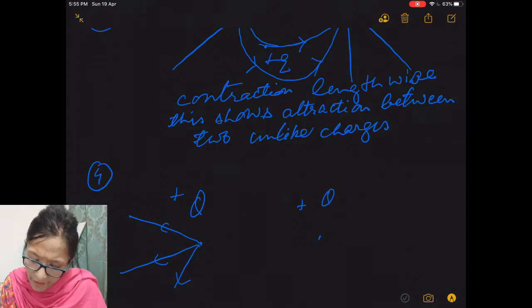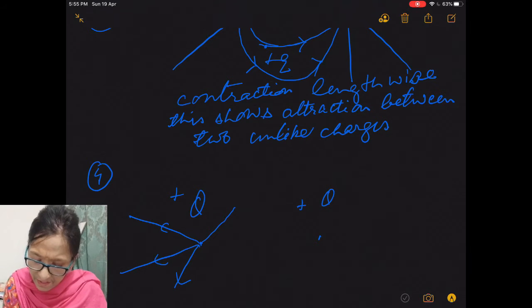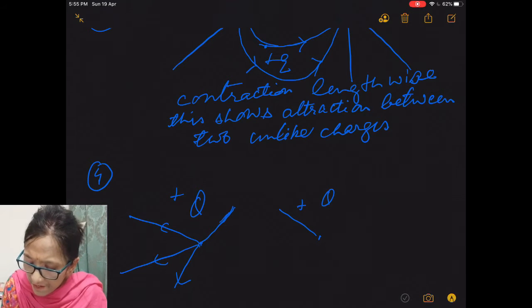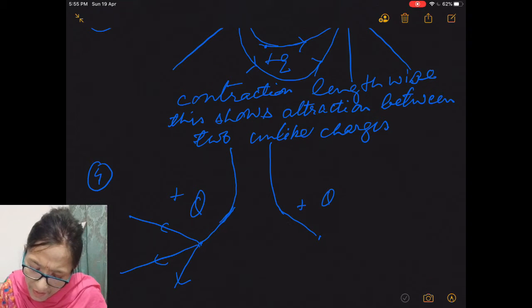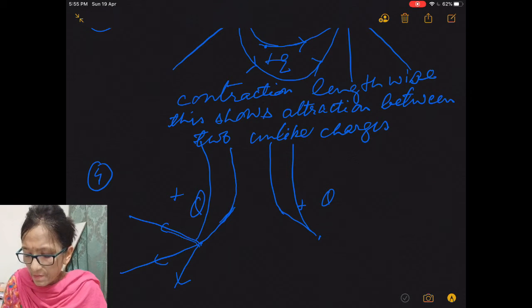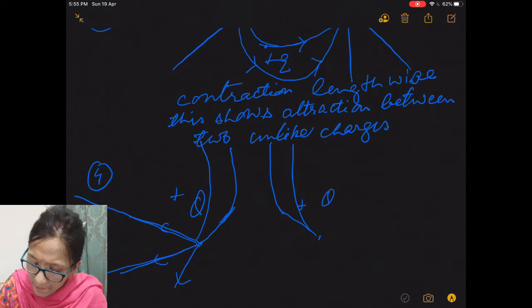When the lines of electric field extend from point charges, you will see that they do not go along a straight path; rather they are pressurized laterally, and due to pressure they take a curved path. You can see here they take a curved path.